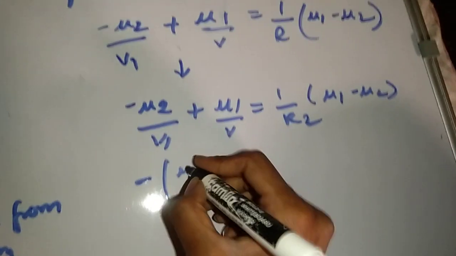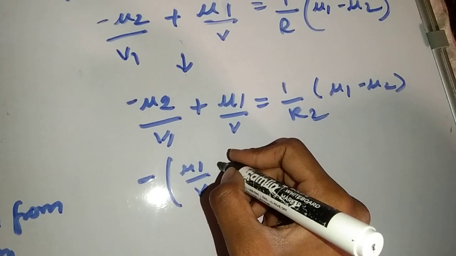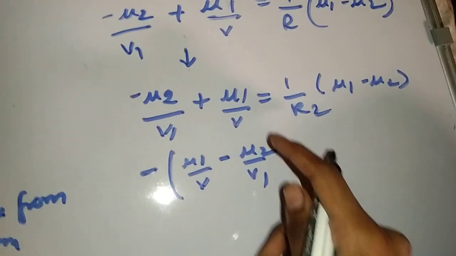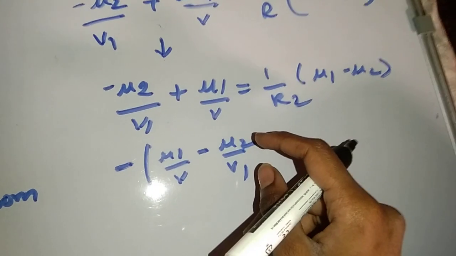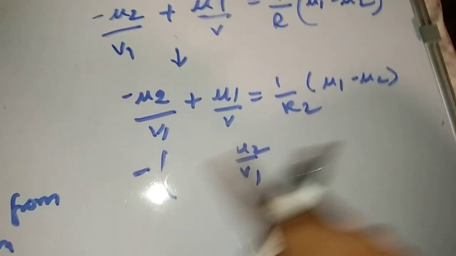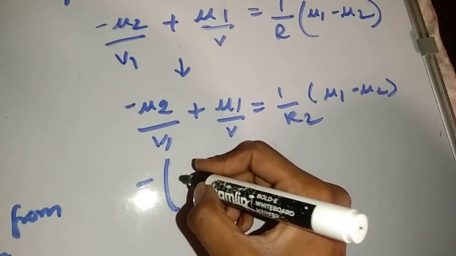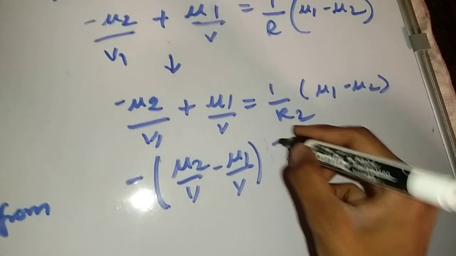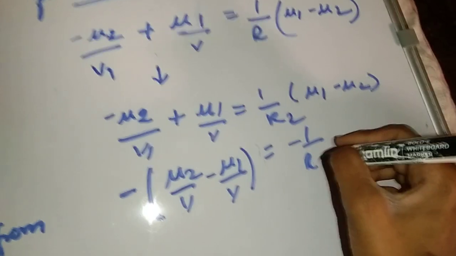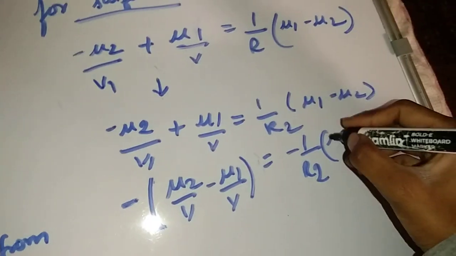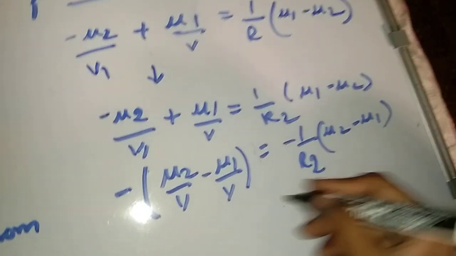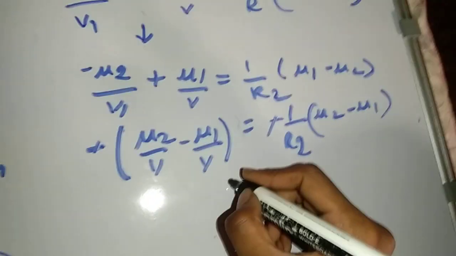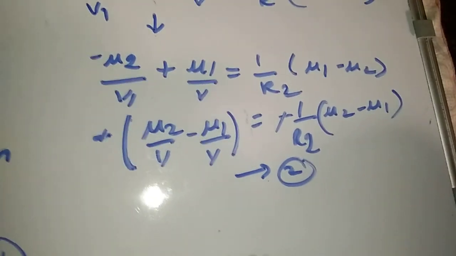When I take negative common, I'm going to get mu2 upon V1 minus mu1 upon V. On the other side, if I take negative common, I'm going to get 1 upon R2 times mu2 minus mu1. Now if I cancel the negative, I'm going to get this equation. So let me name this as the second equation.